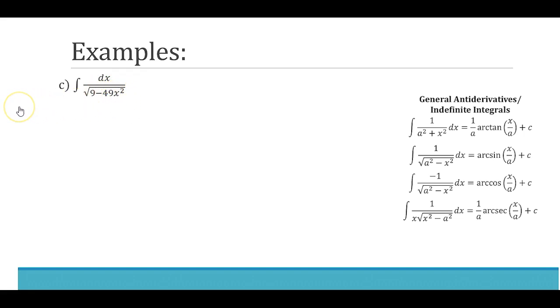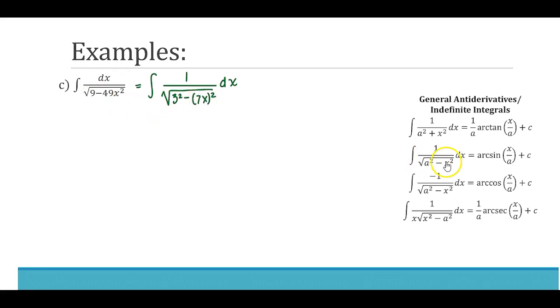So what I'm going to do on this problem is rewrite it. I'll leave just a 1 on top so that I can really see the formula happening. So I have a 1 over the square root of 3 squared minus the quantity 7x squared.